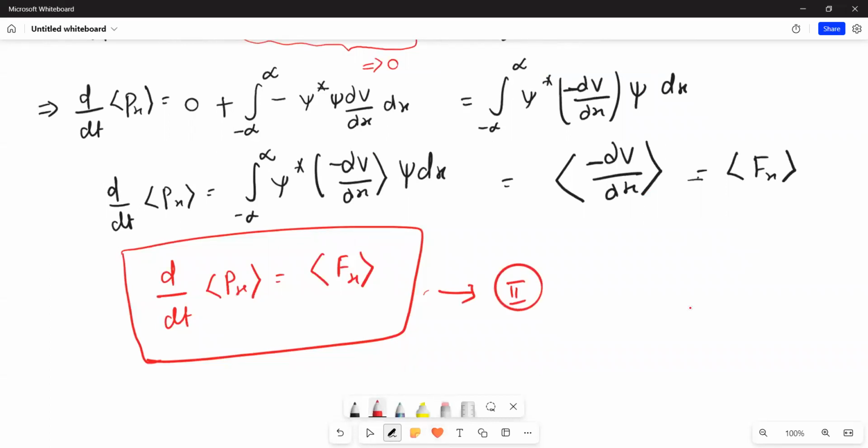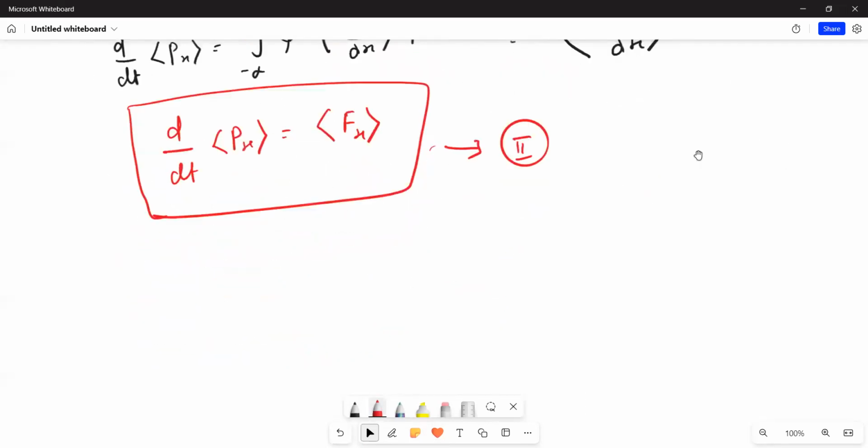So to summarize, in the first Ehrenfest theorem we derived and proved that d by dt of the expectation value of x is the expectation value of px by m.